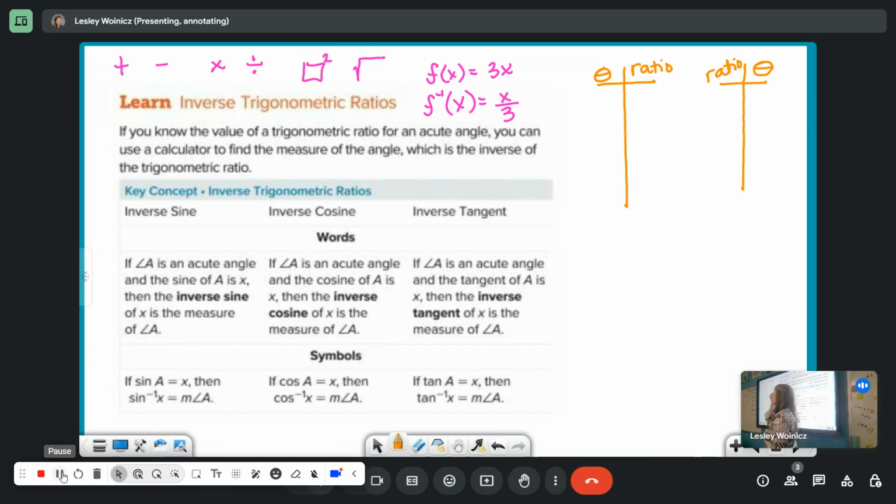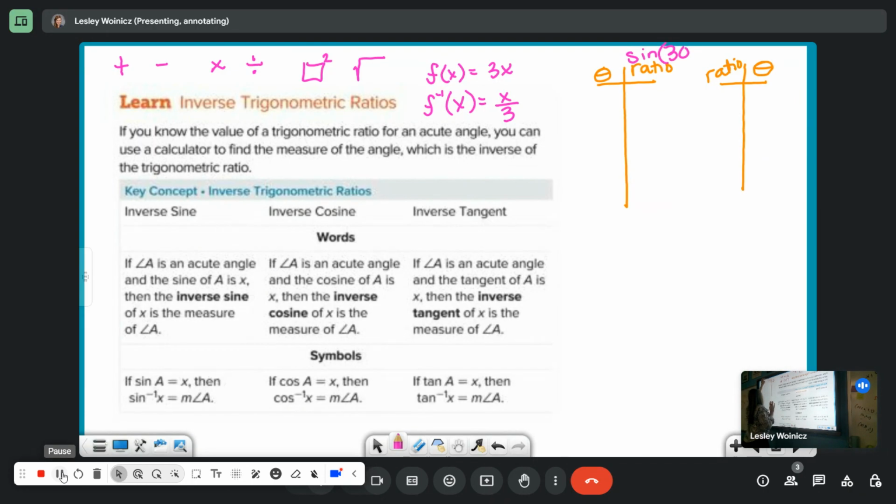Okay, so let's try sine of 1/2. Can everybody try sine of 1/2 on the calculator? I'm sorry, not sine of 1/2, I'm tripping. Can you please try sine of 30 degrees?